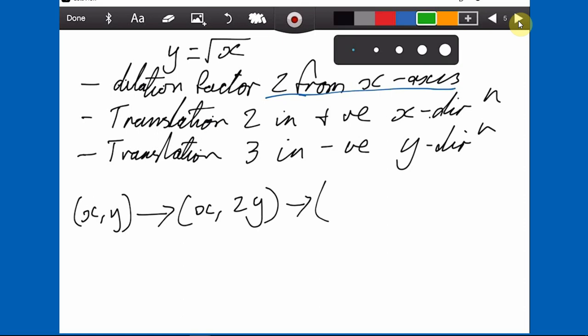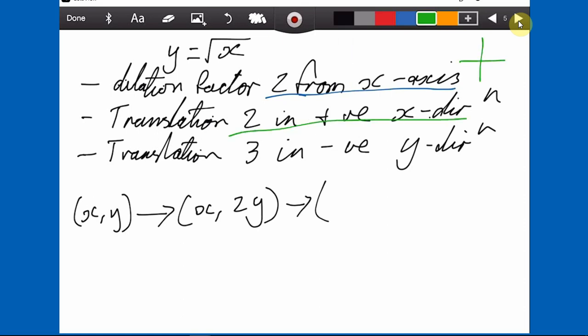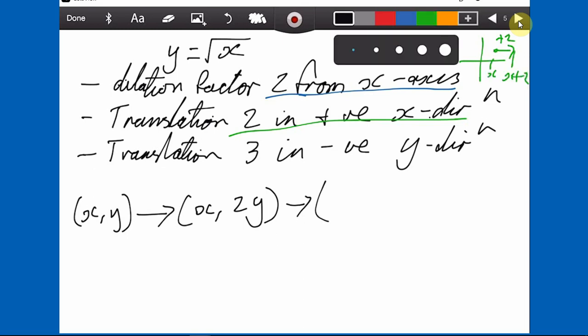The next thing is translation in the positive x. We're going to add 2 to what it was. So if it was x here, it's now x plus 2. So we've now got x plus 2 and 2y.